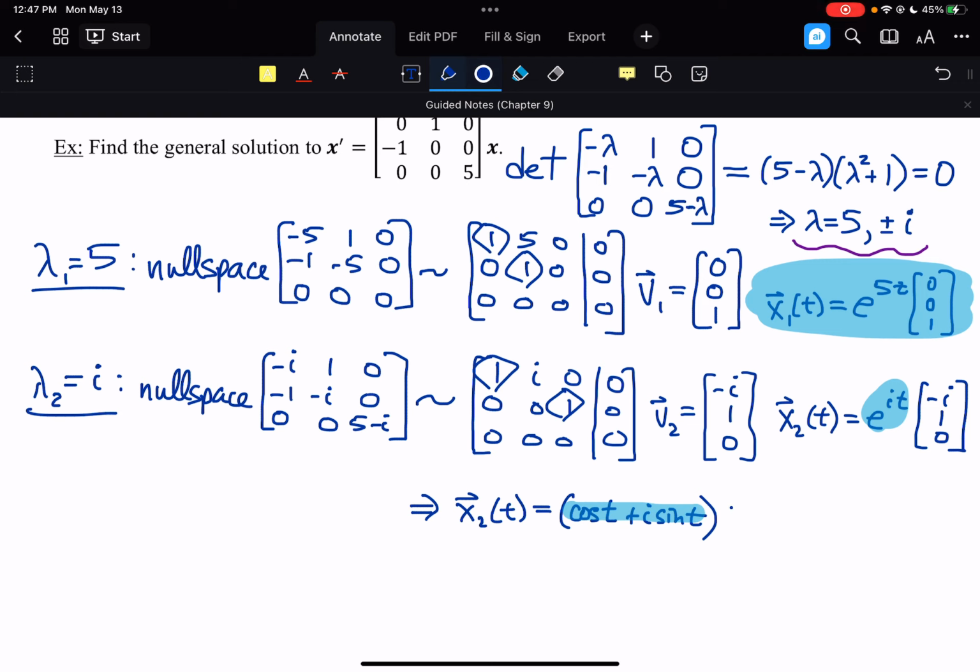And then for the vector here, I'm going to break apart the real valued components and the imaginary components. So this is 0, 1, 0, pull out the negative i, so minus i times 1, 0, 0.